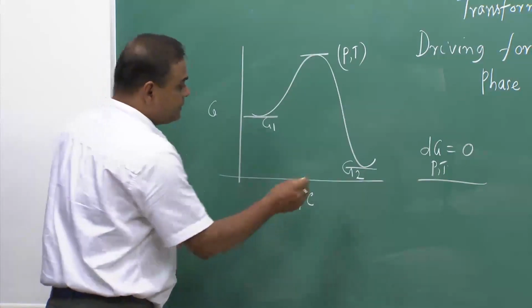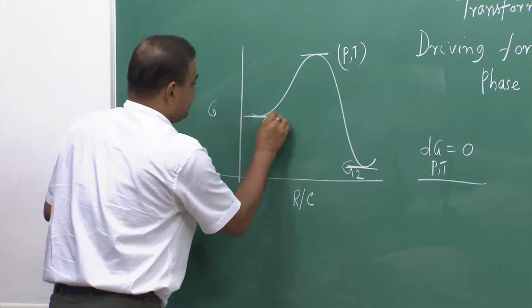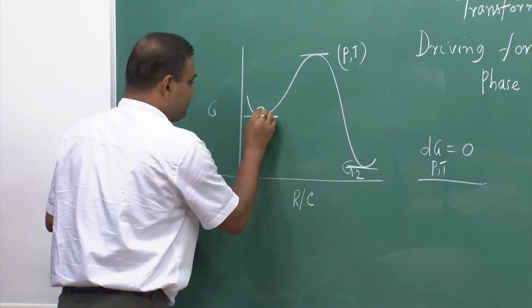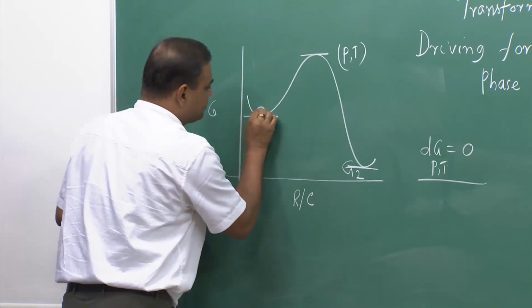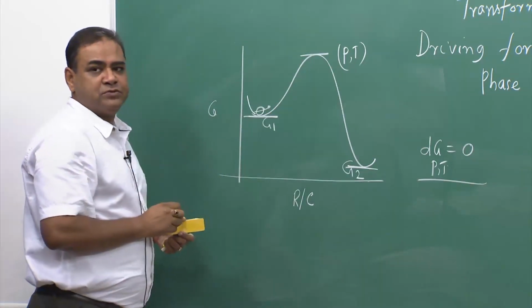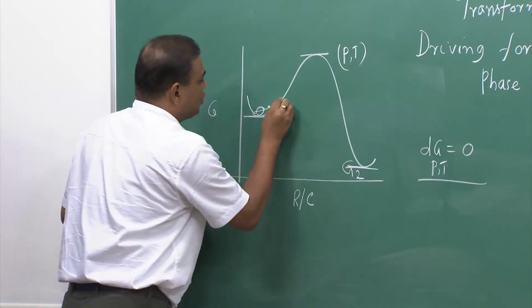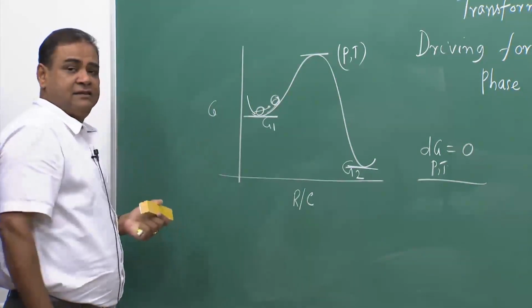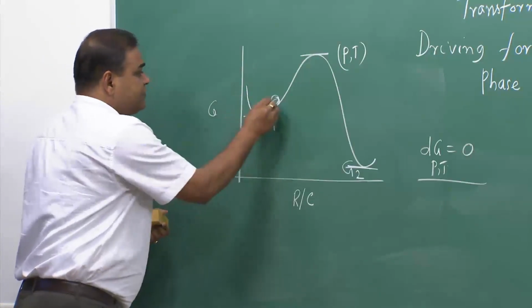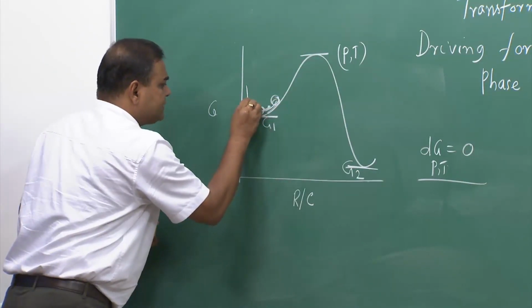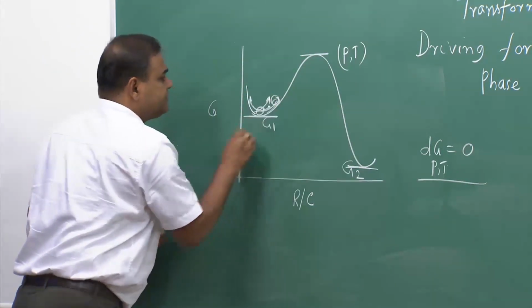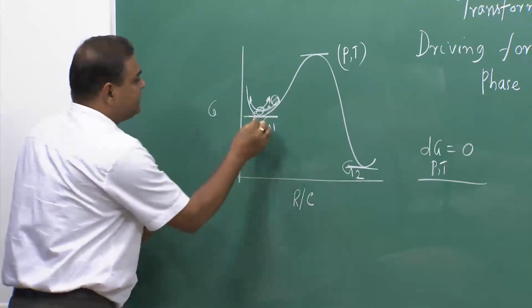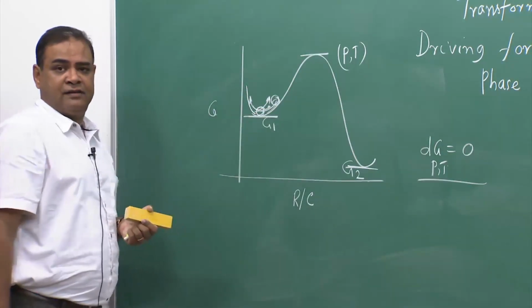For example, at these 2 cases, if I try to see a ball, and give a little displacement to this ball, it will roll over if it comes here, and then again we release it. It will go like this, again go like this, and gradually that amplitude would reduce, and finally it comes back to this.